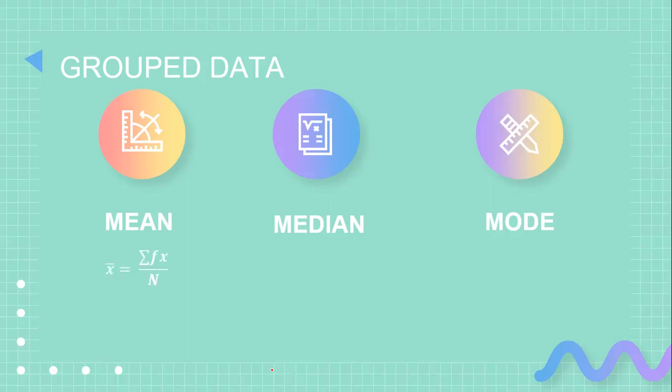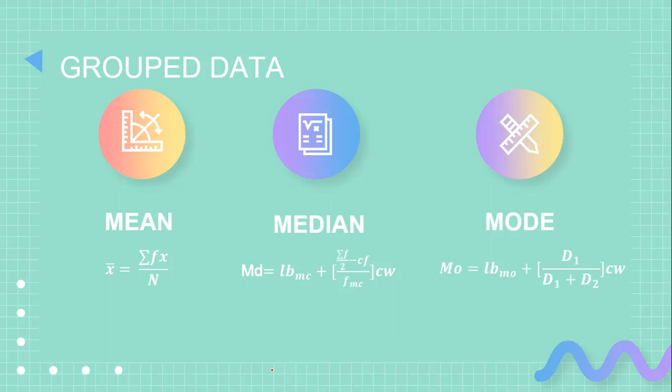So for mean, we have the formula x bar is equal to summation fx over capital N. For median, MD is equal to lower boundary of median class plus the quantity of summation F divided by 2 minus the cumulative frequency over frequency of median class times the class width.